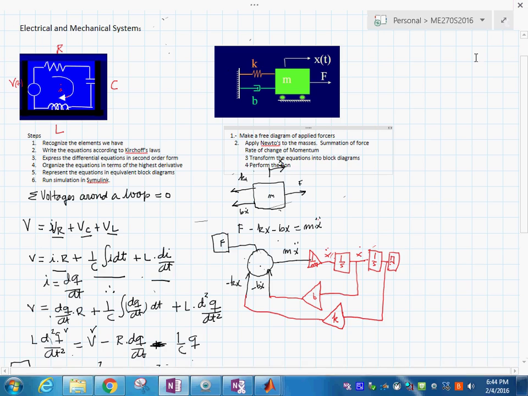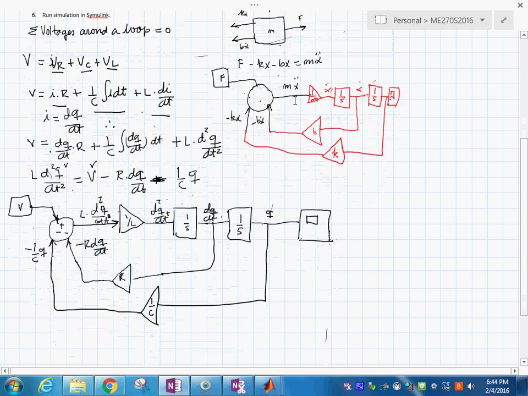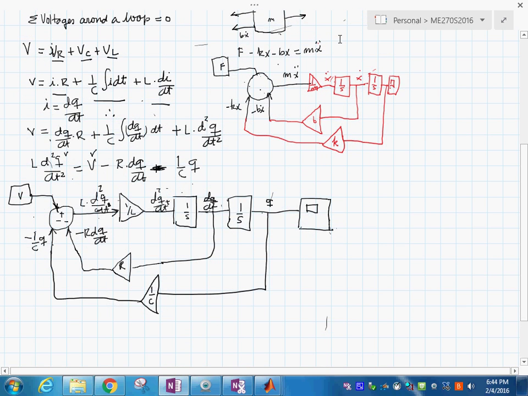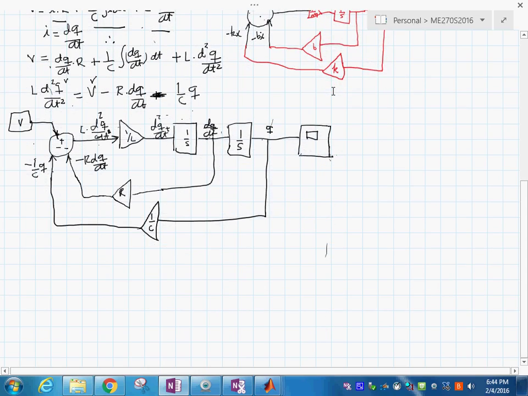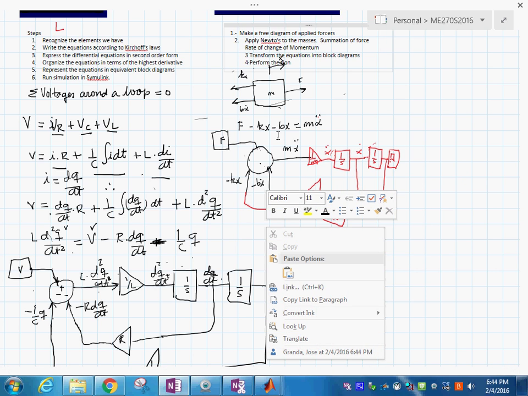So that way you have seen how we go about doing this. In this case, we didn't have to put it in terms of the highest derivative because it was already there. Then we translate this into the Simulink file, and it will work the same as the other.